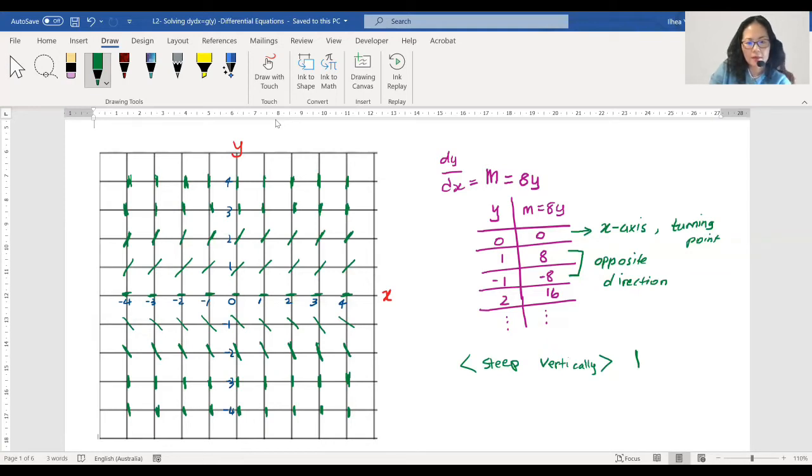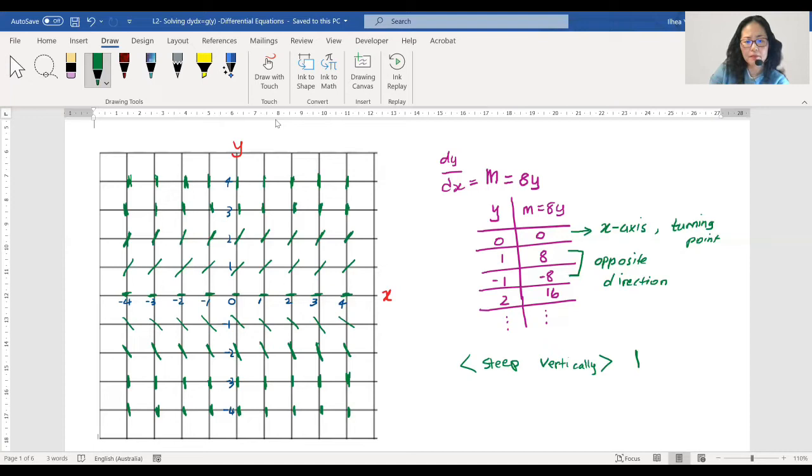And then what will happen after that is when the y value equals 1, the gradient is 8, so it's positive. So looking at the first quadrant and second quadrant, it's going to the positive, to the right-hand side corner direction.